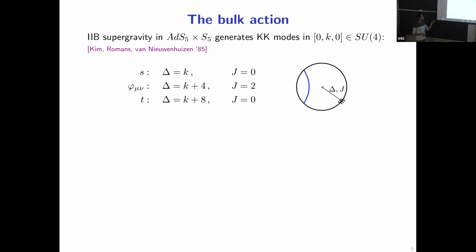But now, first, what I would like to explain is what type of fields can be exchanged in AdS5. This is a question that is well understood, it's been understood for many years. So the idea is that you start with type IIB supergravity, and you compactify it on AdS5 times S5. By compactifying, it means that you expand all the fields in the supergravity in terms of some spherical harmonics that live in the S5.